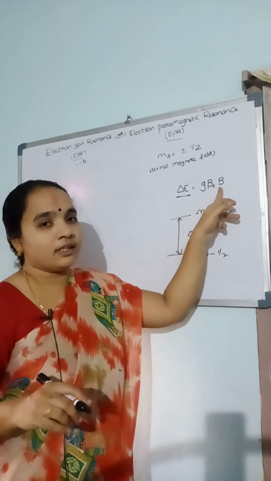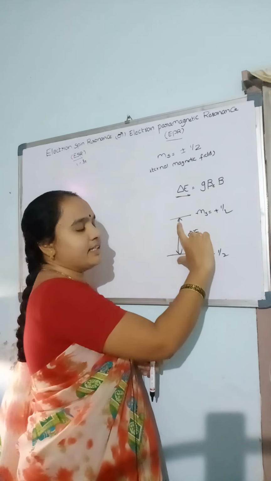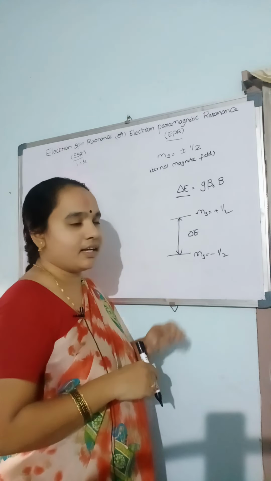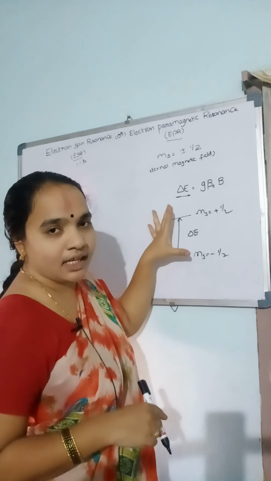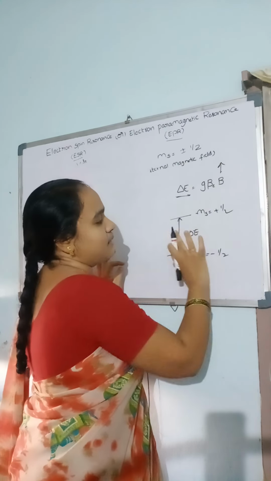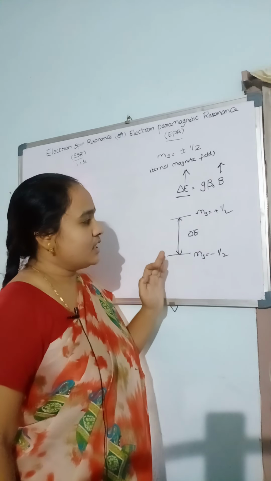It depends upon the external magnetic field. At a fixed magnetic field, this delta E is constant. If you vary the external magnetic field, this delta E also changes. If you increase B, the separation delta E will also increase.